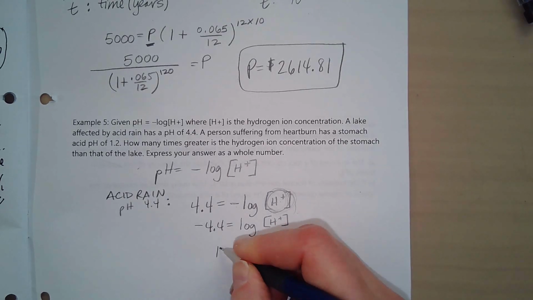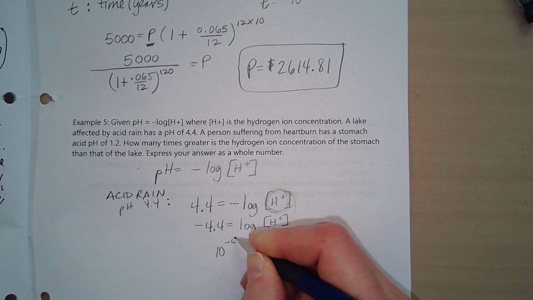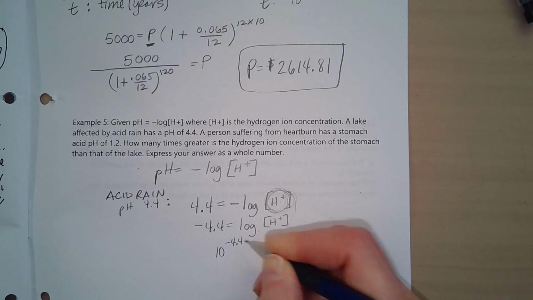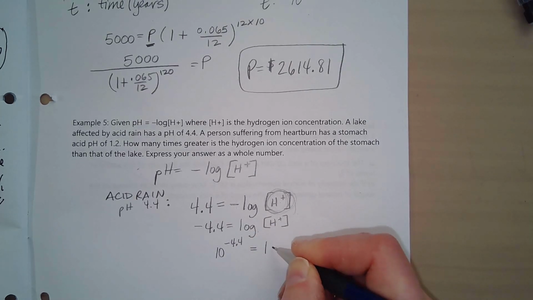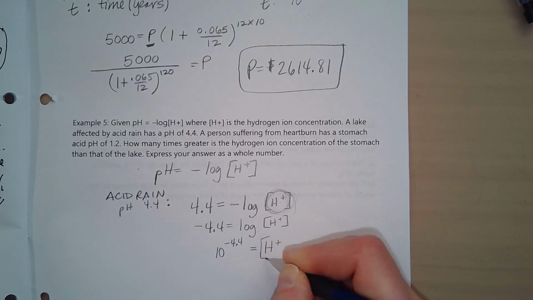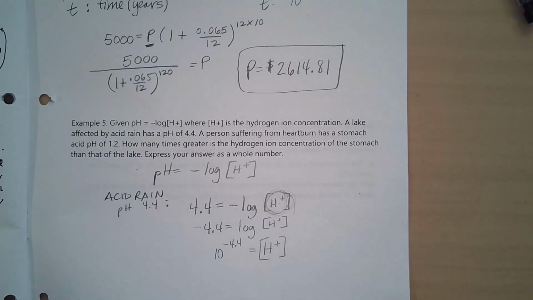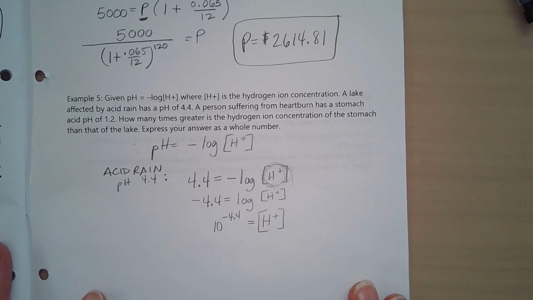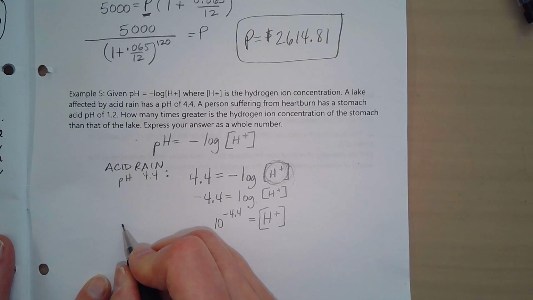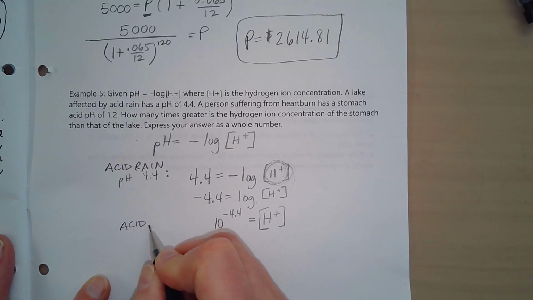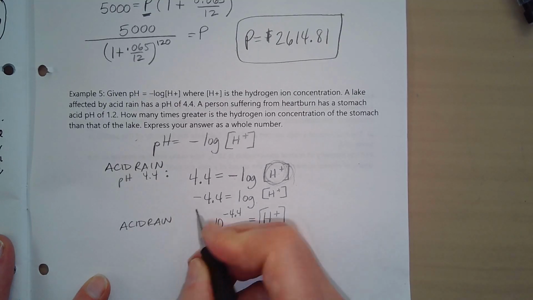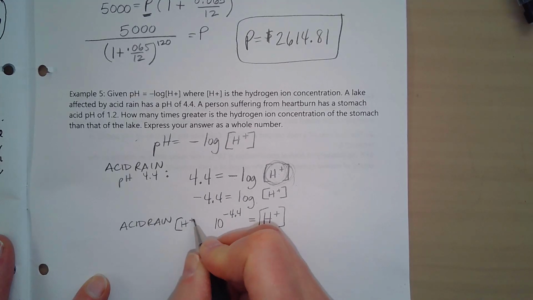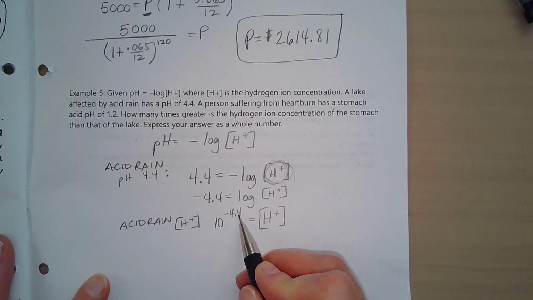So what if I did this? 10 to the negative 4.4 is the hydrogen ion concentration of acid rain, isn't it? Yeah? So this is the acid rain hydrogen ion concentration. 10 to the negative 4.4.